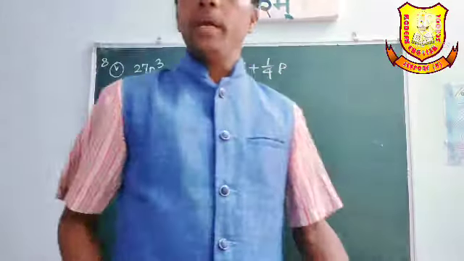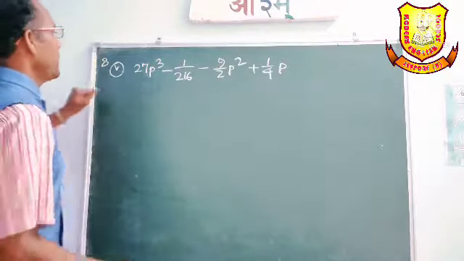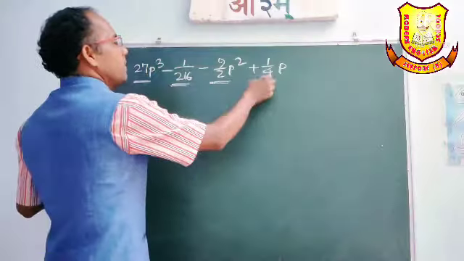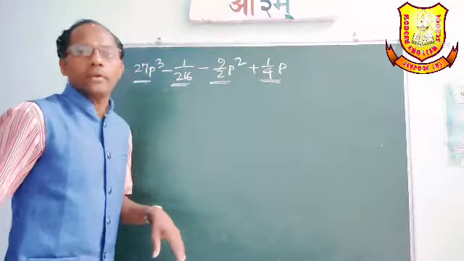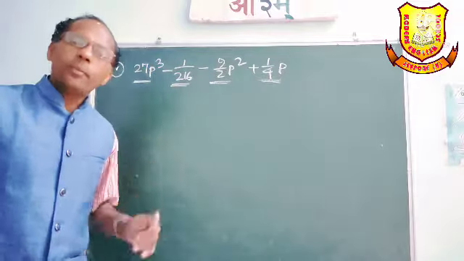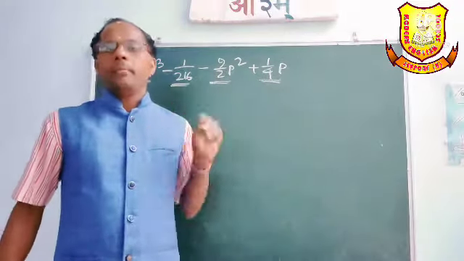The same way we have to write this as a cube minus b cube minus 3a square b plus 3ab square. This is the technique: you have to find a and b.